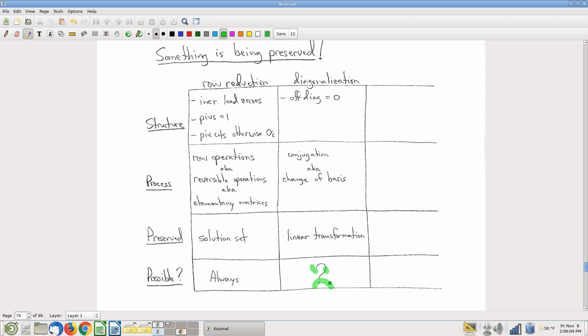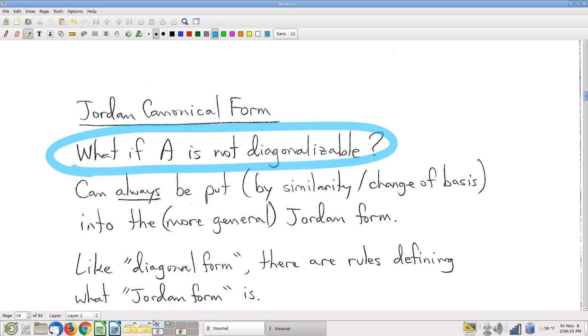And so very naturally, okay, well, if it's not diagonalizable, then what do we do? Is there something almost as good as diagonalizability? Is there a consolation prize to a failed attempt at diagonalizing a matrix? And the answer is yes.